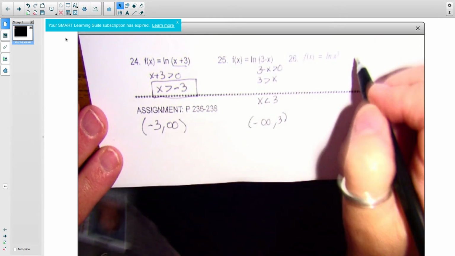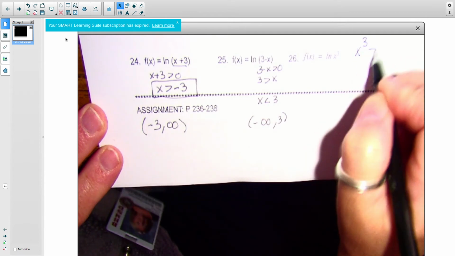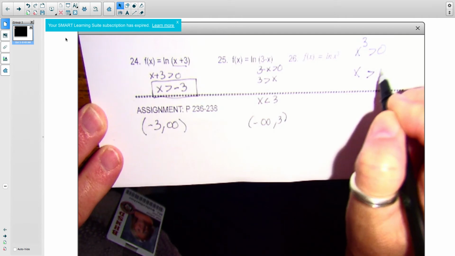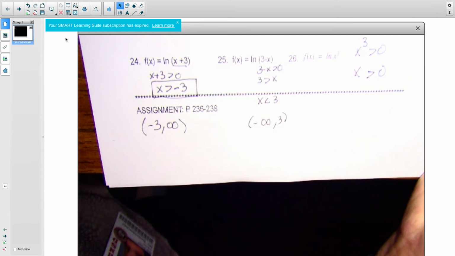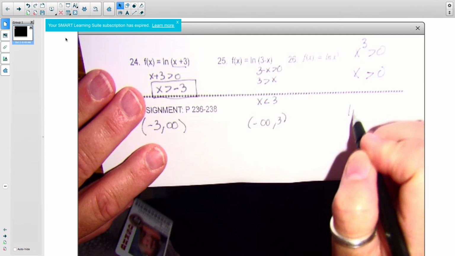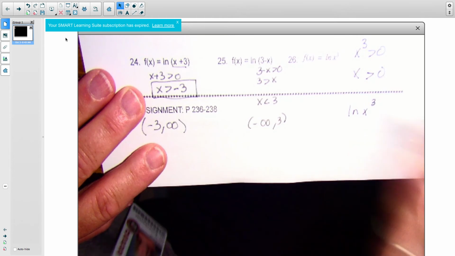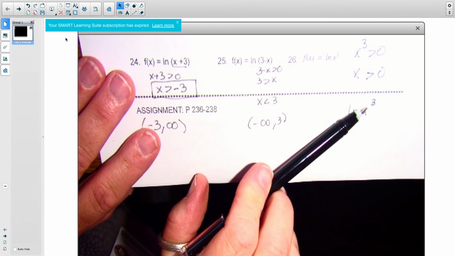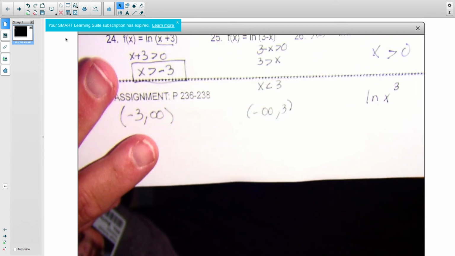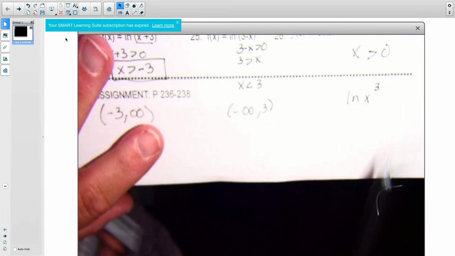And then for this one, x cubed has to be greater than 0, so x has to be greater than 0. Do you guys remember, because I'm using them here, ln of x to the third. Do you remember about that exponent, what you could do to simplify these, the natural logs and the logs?